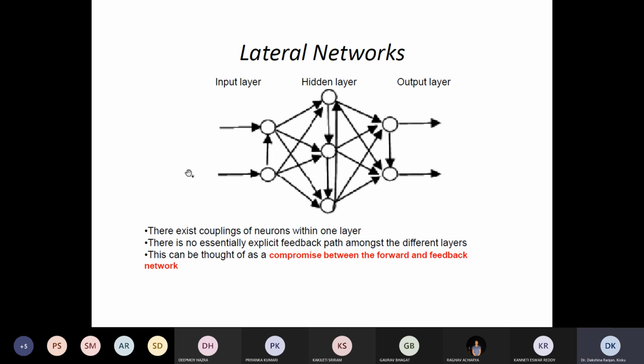If I consider both the feed forward neural networks and feedback neural networks, then this lateral network is found in between them because of the couplings of neurons within the same layer.